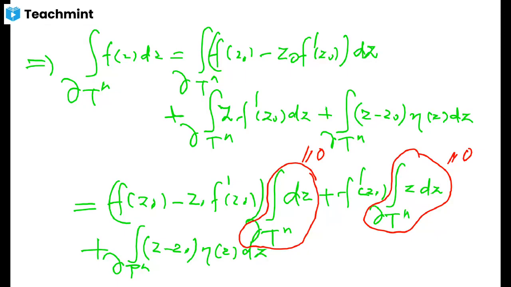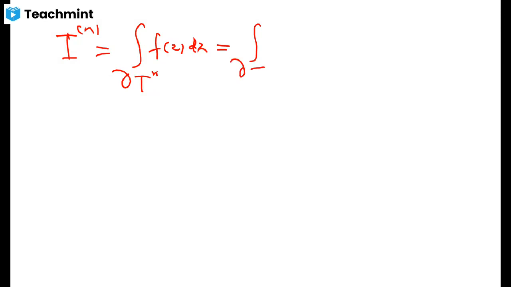So I'm left with only one integral, and the integral is: the integral over the boundary of Tn of f of z dz, which is equal to the integral over the boundary of Tn of z minus z naught times eta of z dz.